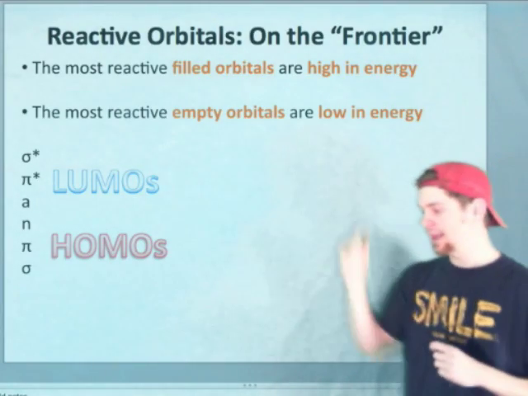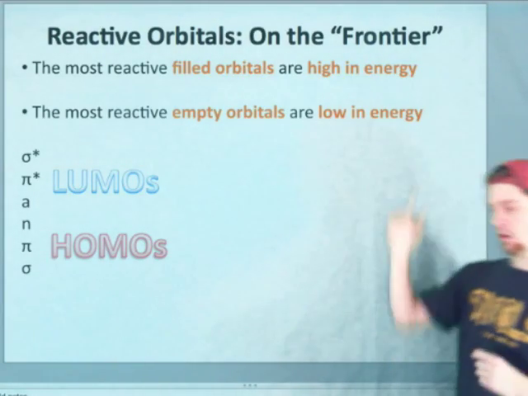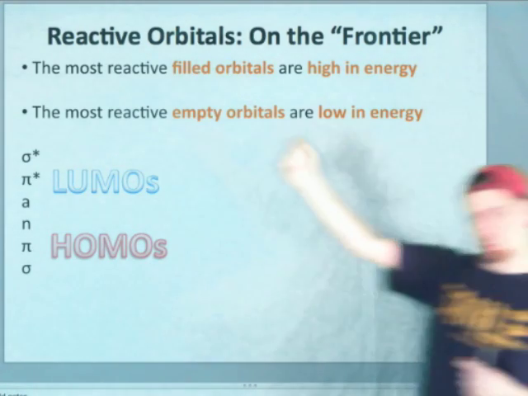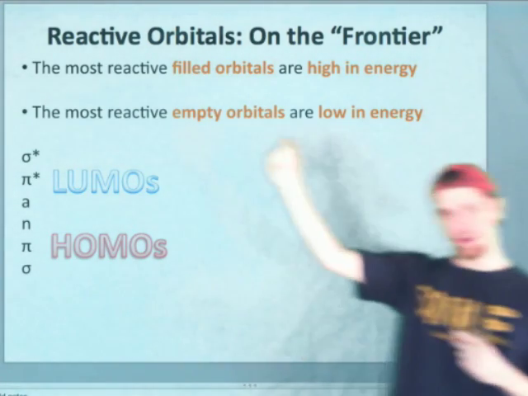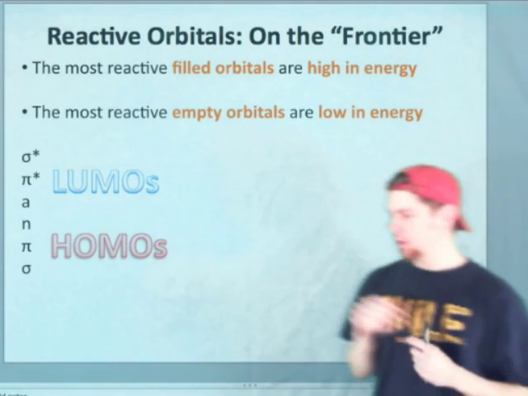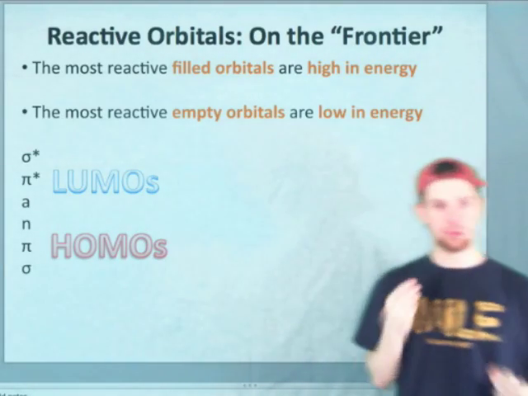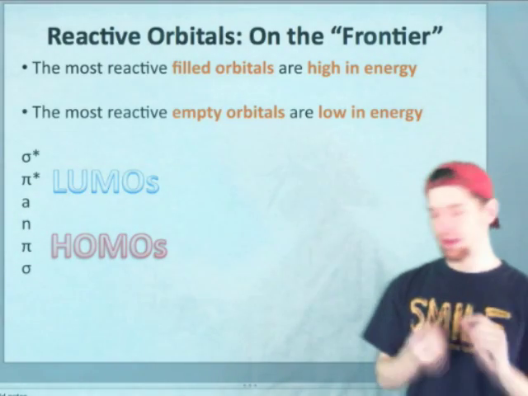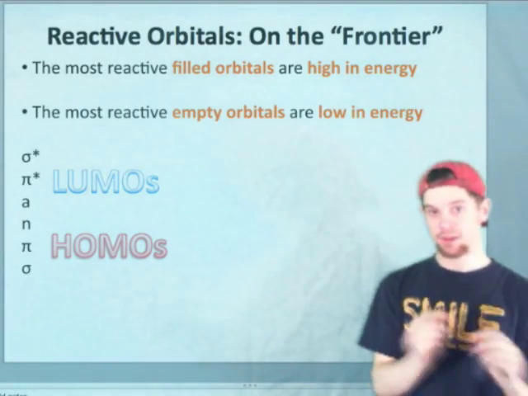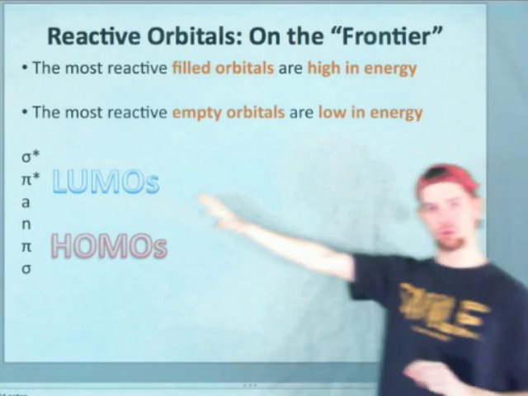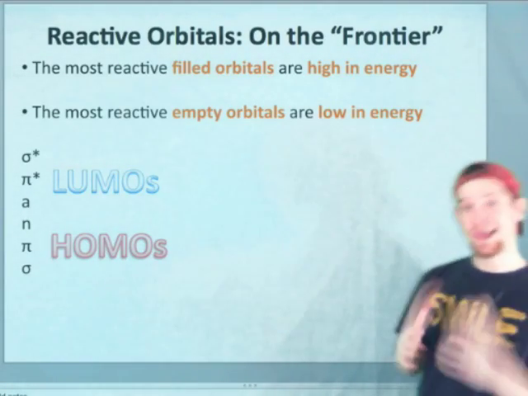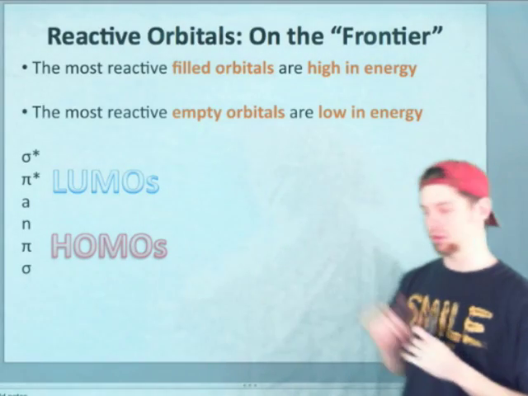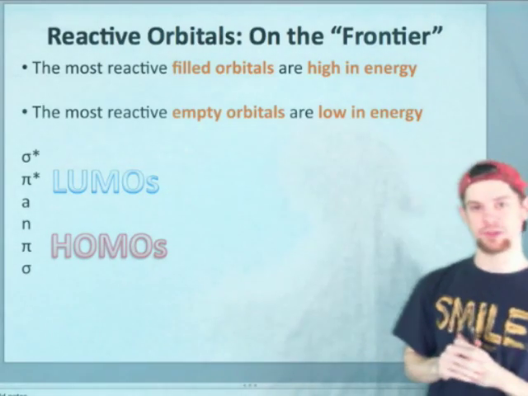That's why empty orbitals that are reactive are low in energy, and filled orbitals that are reactive are high in energy. The terms you will see are LUMO and HOMO: the lowest unoccupied molecular orbital, that's what LUMO stands for, and the highest occupied molecular orbital, or HOMO.